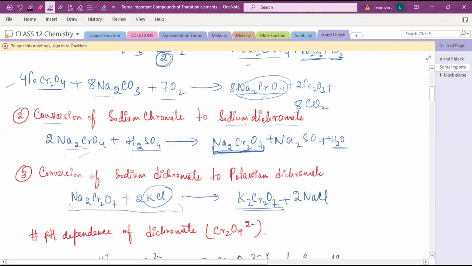This is a double displacement reaction. You can see sodium has been replaced by potassium, and it will give you K2Cr2O7. The sodium is replaced by potassium, and that's how you will get NaCl plus K2Cr2O7.